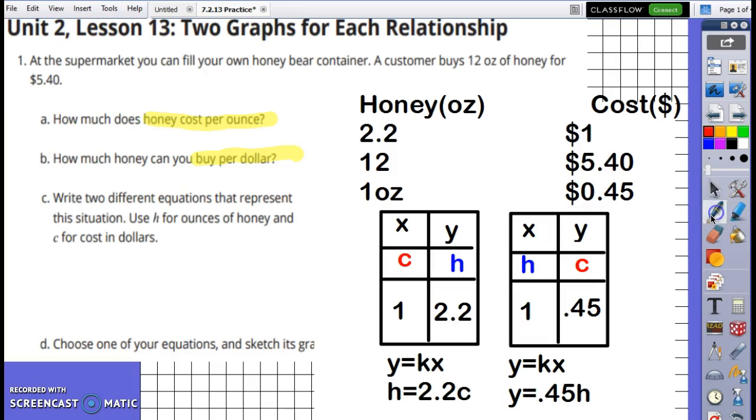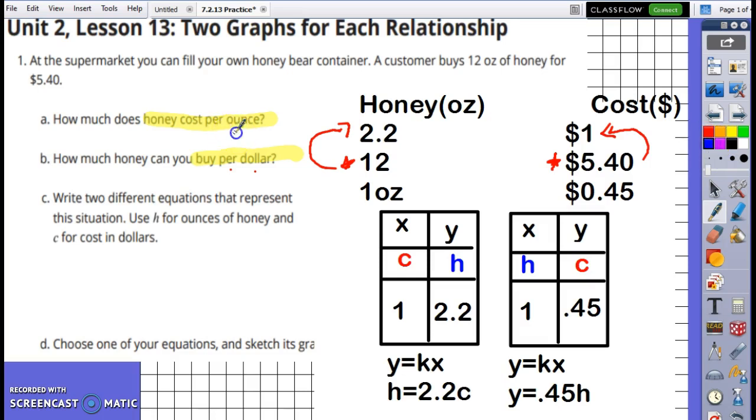You'll notice that over here, I've made my two columns, my honey and my cost. I started with my original amount, which was 12 ounces for $5.40. In order to find how much for $1, the per dollar, I had to divide both of these by $5.40.